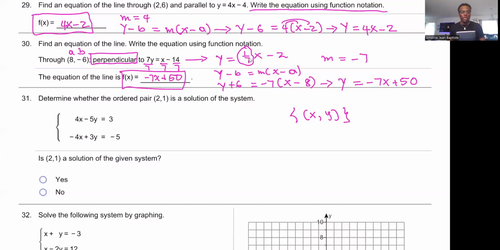Now, what are we looking for here? They say determine whether this ordered pair (2, 1) is a solution of the system. Well, to check that, this is going to be x in your equation and y, and you need to verify it for both equations. If it verifies one and does not verify the second, you do not have a solution for the system.